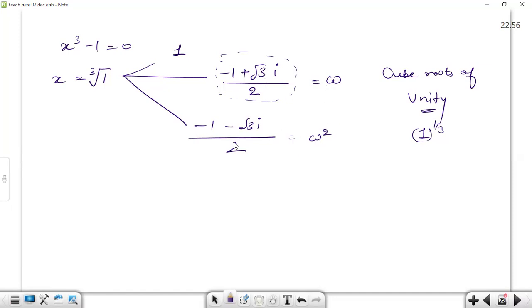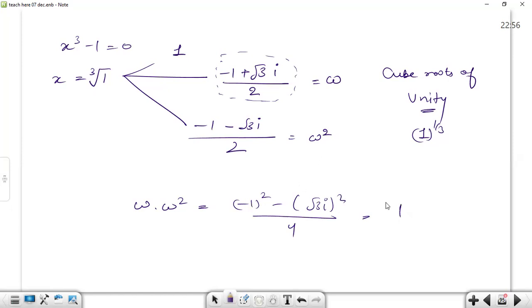And if you multiply these two, omega into omega square, it is like a plus b into a minus b. If you consider minus 1 as a and this as b, then a plus b into a minus b is a square minus b square. Into 2 becomes 4 because we are multiplying both of these.